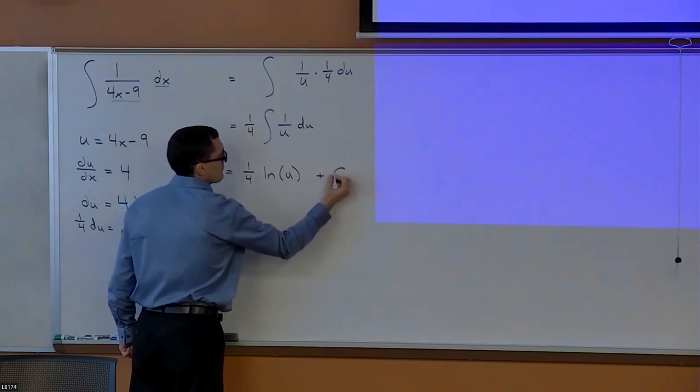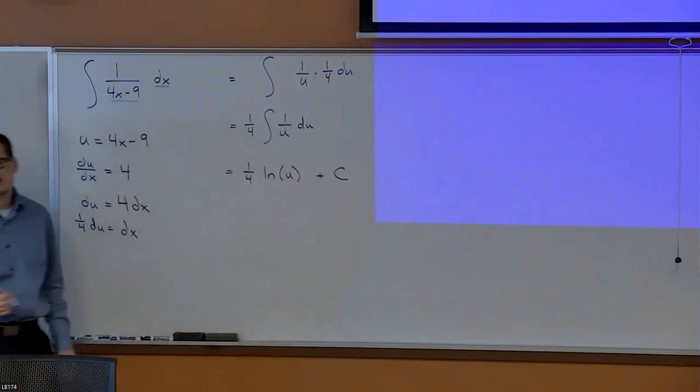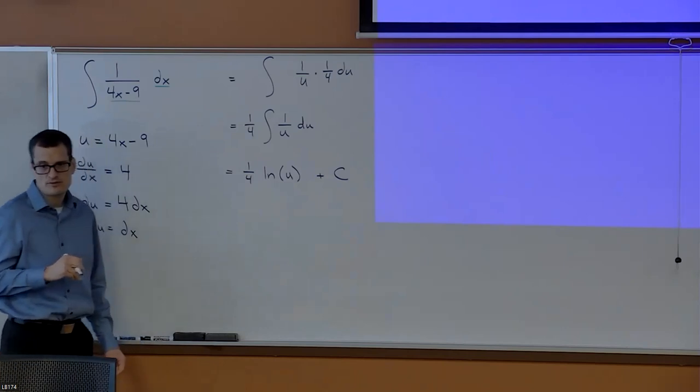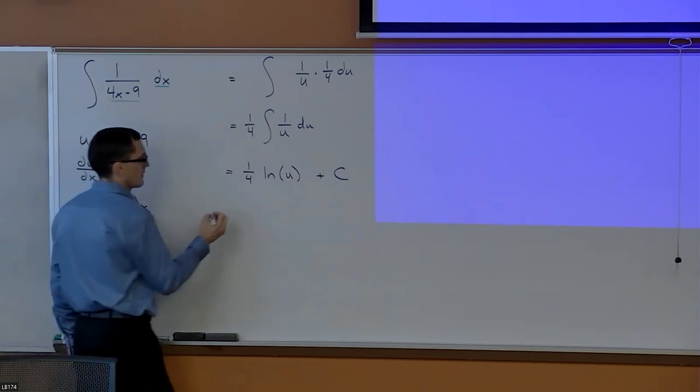That's natural log of u. Again, I'm putting parentheses around the u. Other people would put absolute values so that they could make sure you have positive numbers as the inputs. With me, it's fine to just put parentheses around that, make it easier.